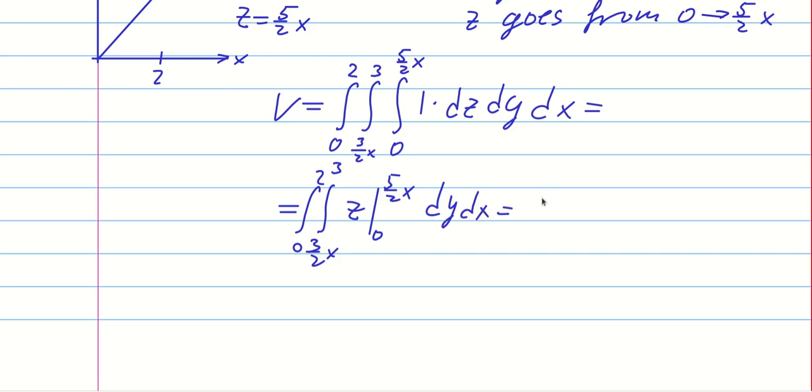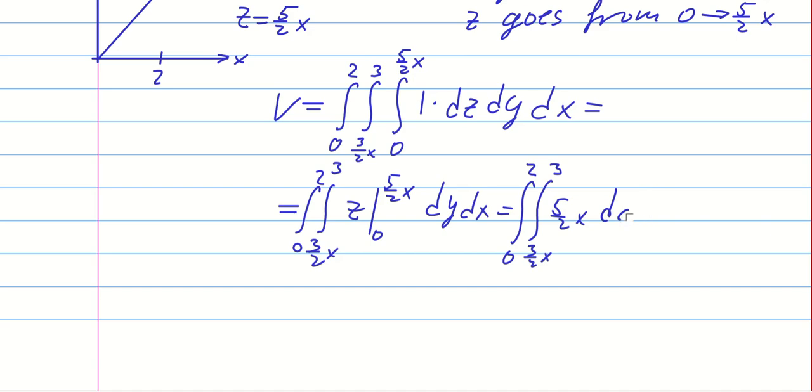When we plug in 5 over 2 x, we get it, and when we plug in 0, it's going to be 0. So it's a double integral from 0 to 2, from 3 over 2 x to 3, of 5 over 2 x dy dx.